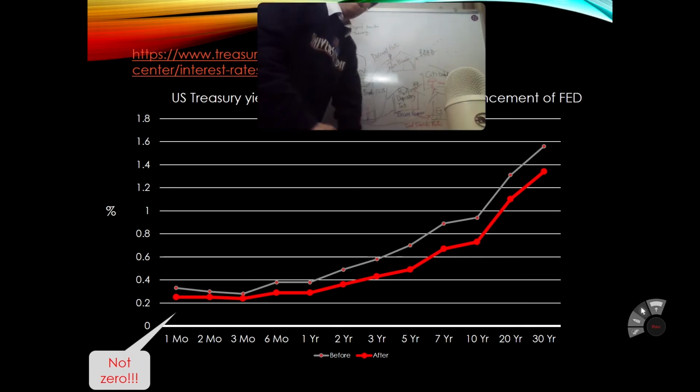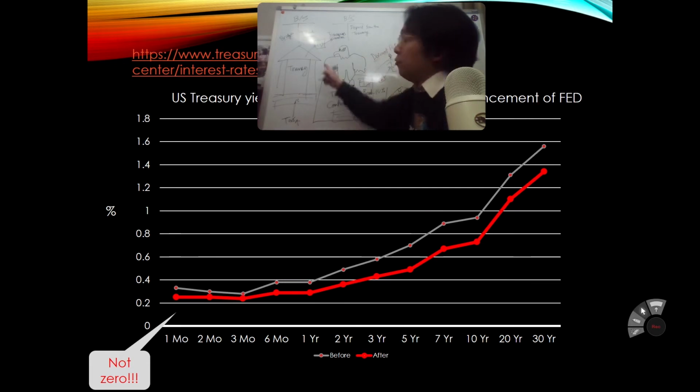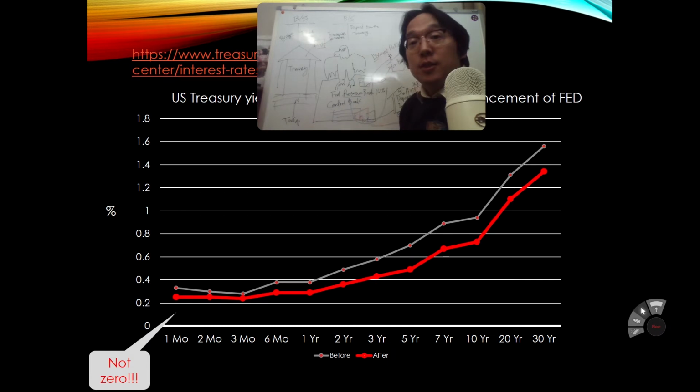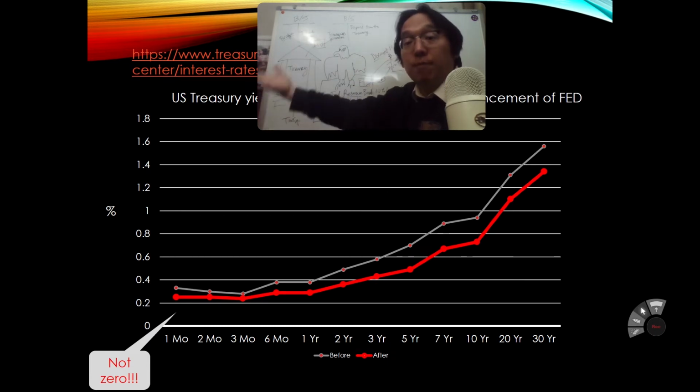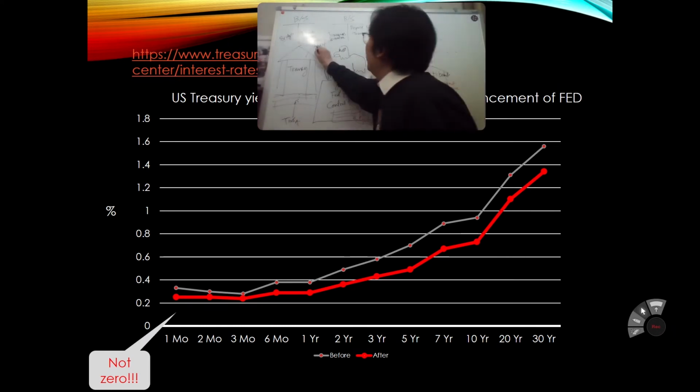Okay, good. Now, U.S. Treasury, right? When they build bridges, they issue bonds, U.S. Treasury bonds, an IOU. To whom? These banks or rich people, Warren Buffett kind of guys, so they buy bonds when they issue.